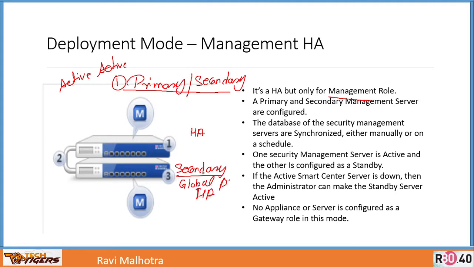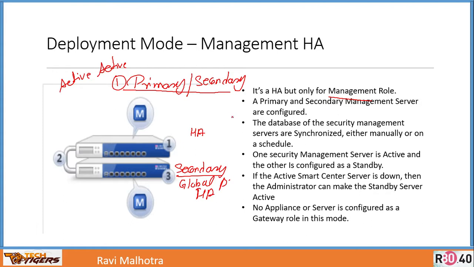Even that synchronization has different phases, right? Full and delta and all that. That's something we will discuss in detail. But this is all about getting redundancy and high availability of only the management server, right?